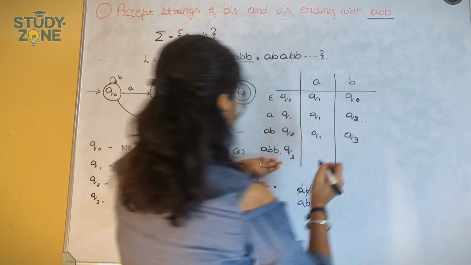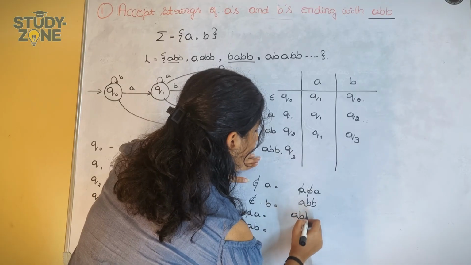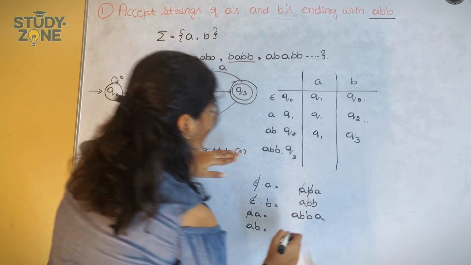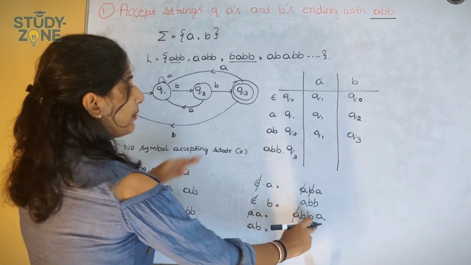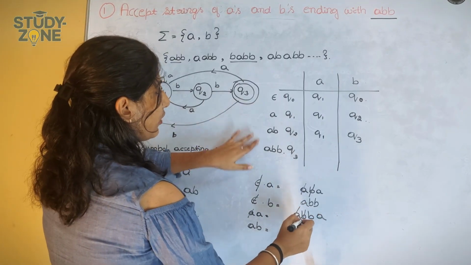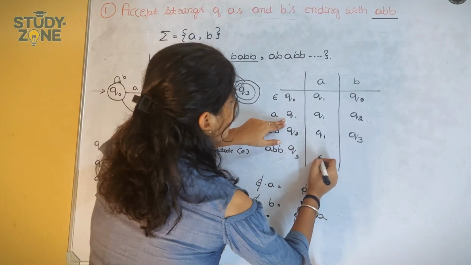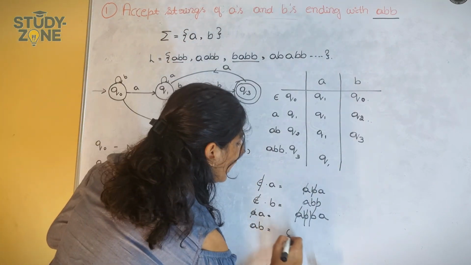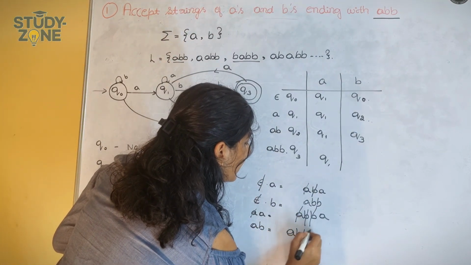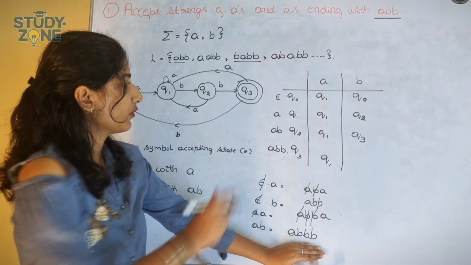And then we have to check, is there any state that is accepting A, B, B, A? No. Cancel out A, B, B, A? No. Cancel out B, A? No. Cancel out A? Yes, it is there. That is state Q1. And then check it for A, B, B, B. Is there any state accepting A, B, B, B?